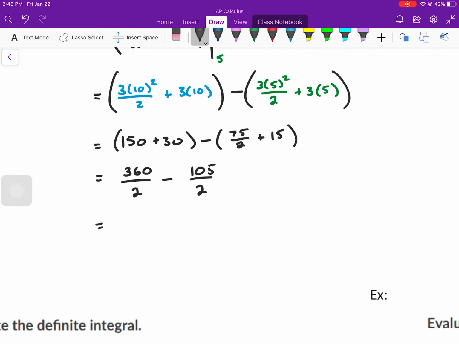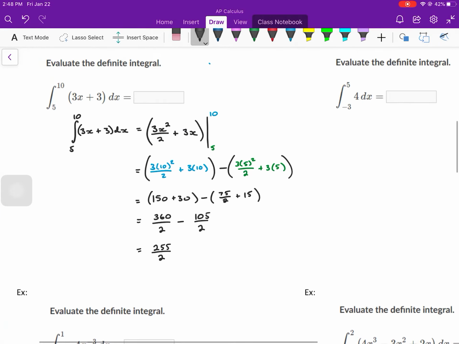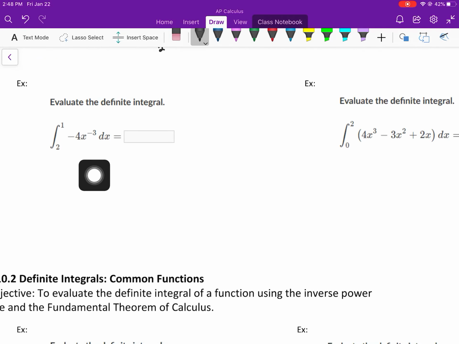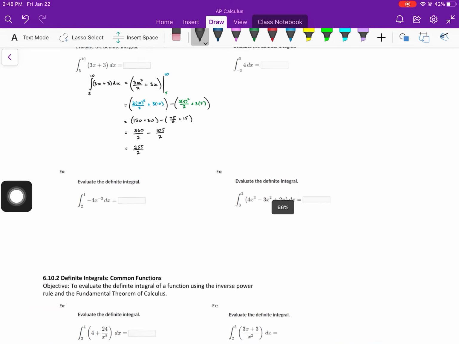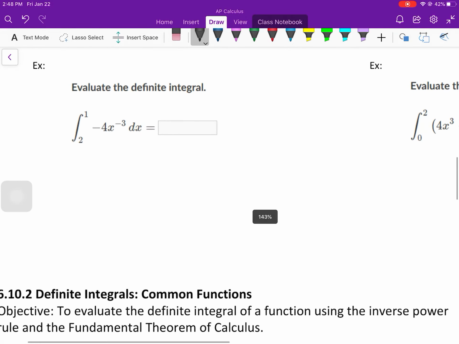And then just subtract the two of them. 360 minus 105 is 255, divided by 2. So same idea for this one. All of these are just the same exact thing over and over again.